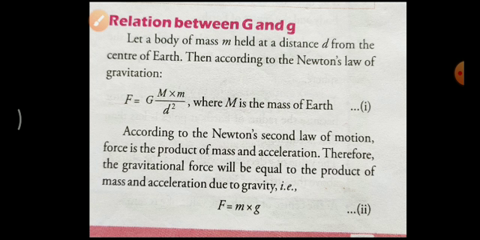So the gravitational force is F equals m into g, which we write as equation 2. Equation 1 is F equals G M m divided by d square, and the second equation is F equals m g.